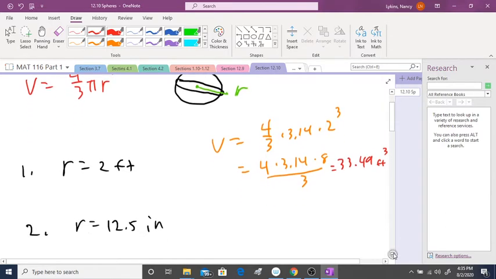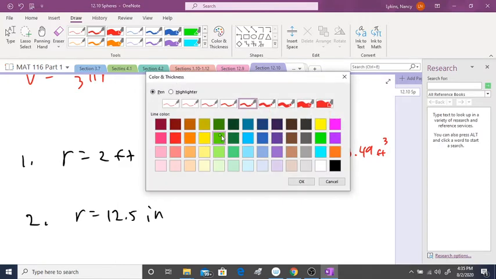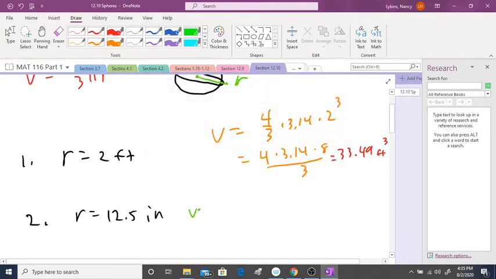Okay, now what about if I give you 12.5 inches? Well, we do the same thing. We say 4/3 times 3.14 times now 12.5 cubed. If you're comfortable doing it like this, it's the same thing. Feel free to do this.